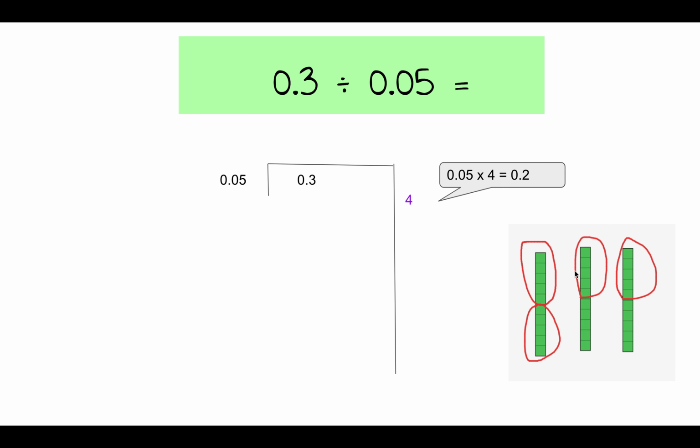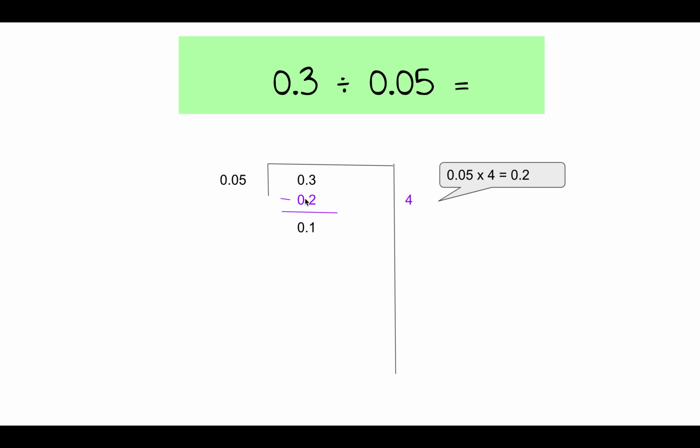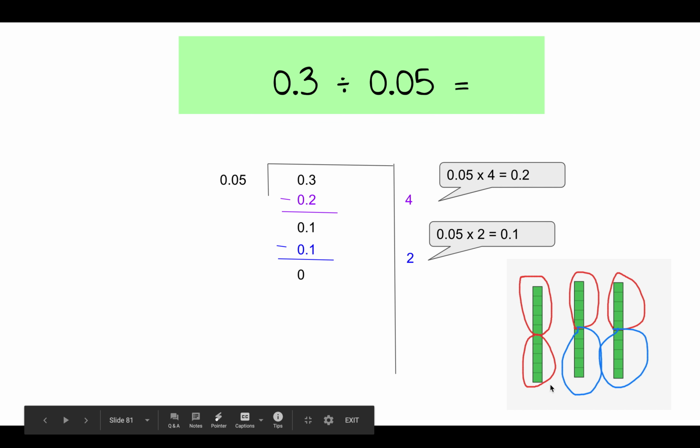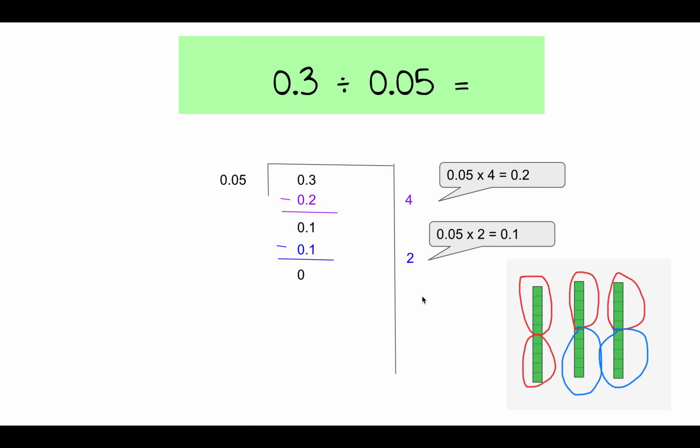So I know 5/100 times 4 is equal to 2/10. My picture doesn't do a great job of showing this, but if you think about it, this and this together would make a 1/10. So then just like normal division, I subtract my 2/10. I have 1/10 left. So I still need to split this 1/10 into groups of 5/100. I make 2 groups because 5/100 times 2 is 1/10.